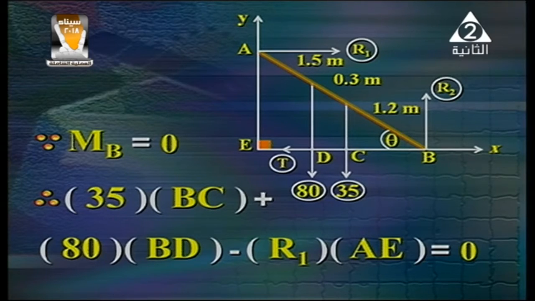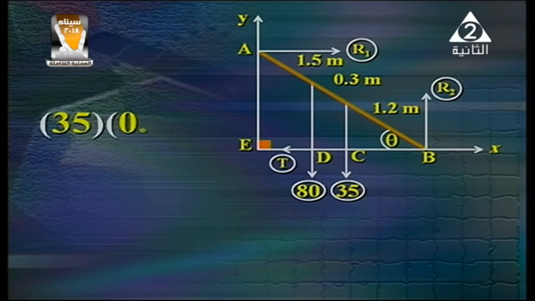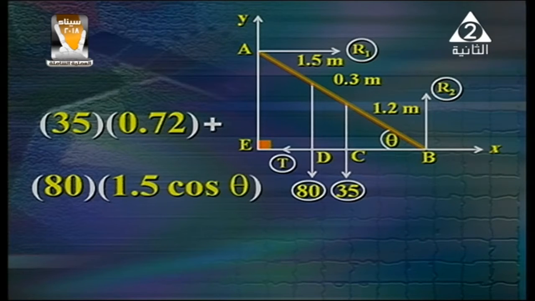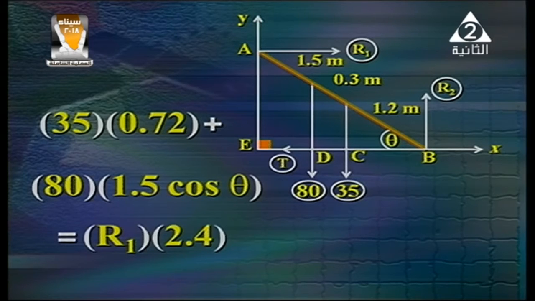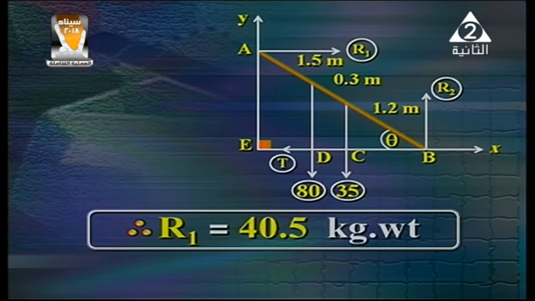We find the moment at point B equals 0, then 35 times BC plus 80 times BD minus R1 times AE equals 0 by substitution. Therefore, 35 times 0.72 plus 80 times 1.5 cosine theta equals R1 times 2.4. After substitution, we find the value of R1. Remember, R1 equals T. Then R1 equals 40.5 kilogram weight.